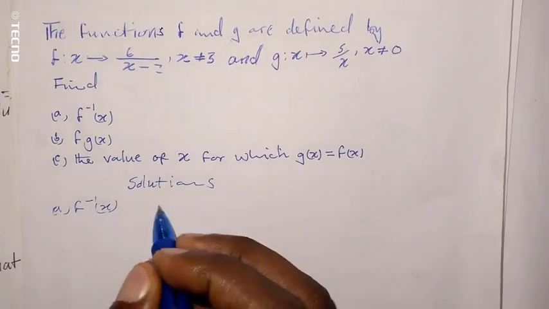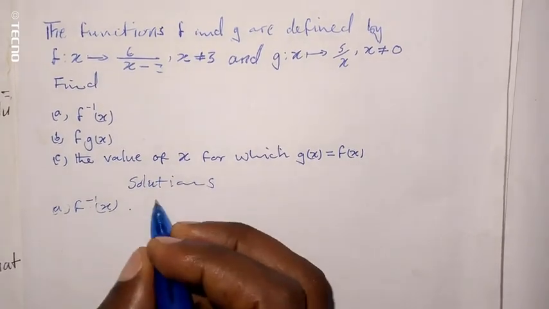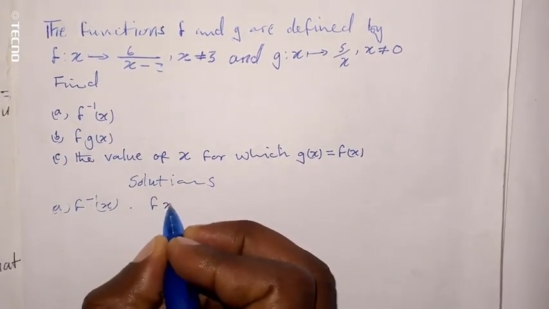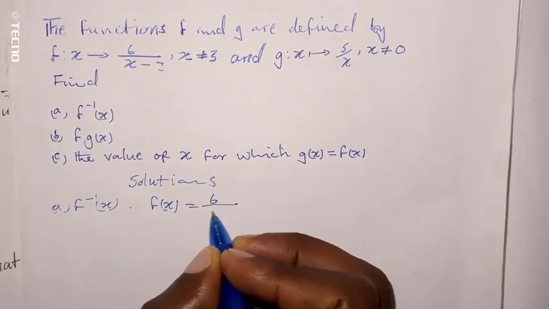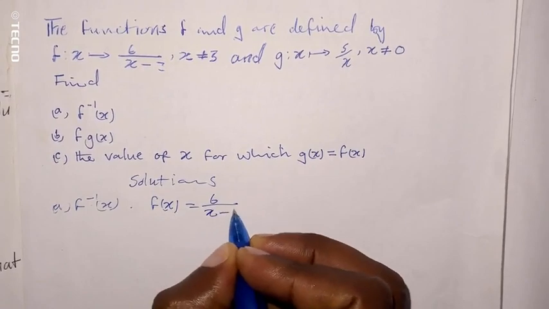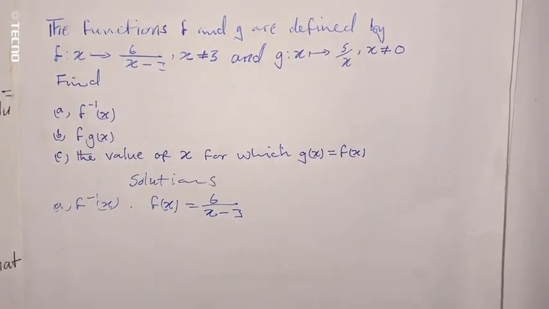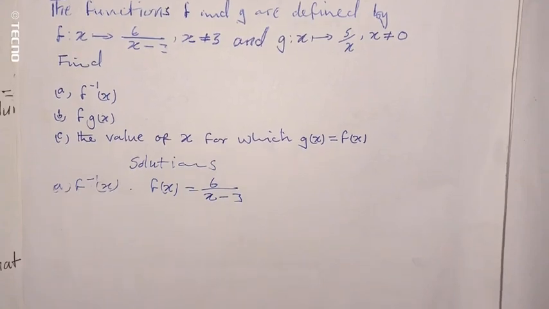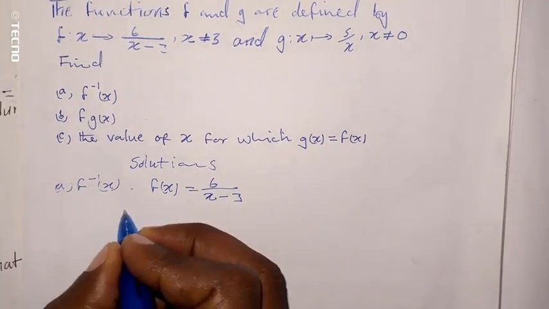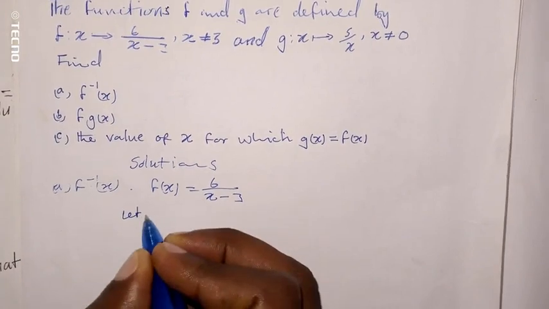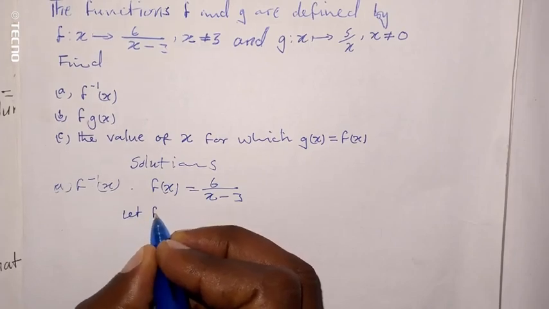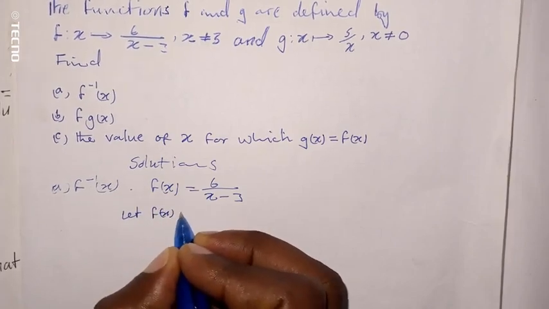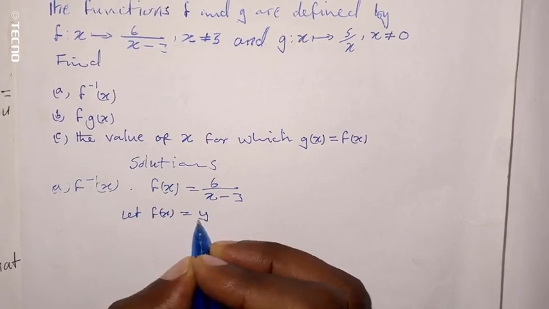We know that our f of x is equal to 6 over x minus 3. So now you let f of x be equal to y.